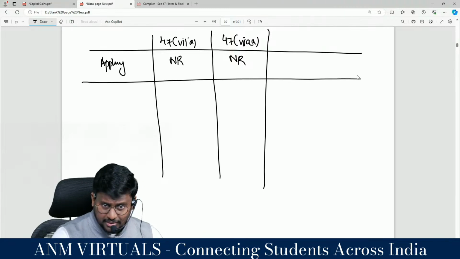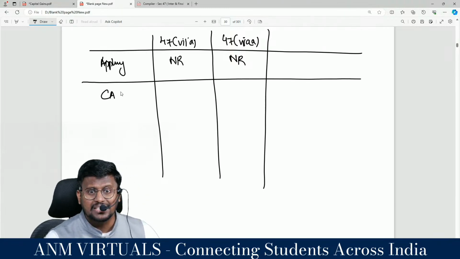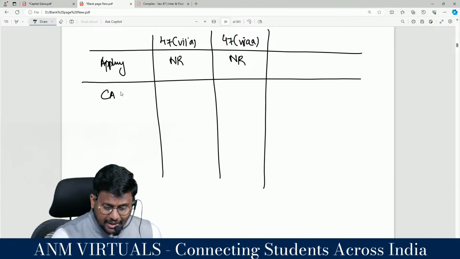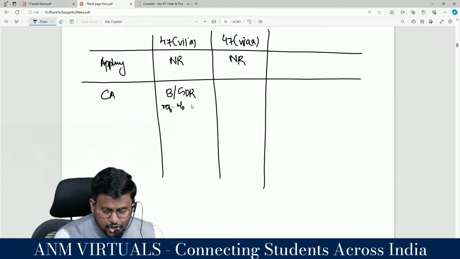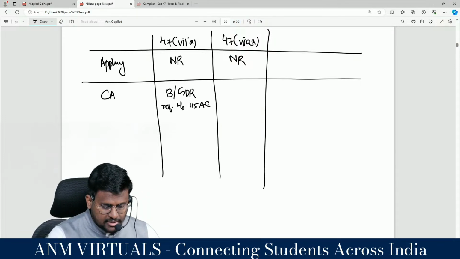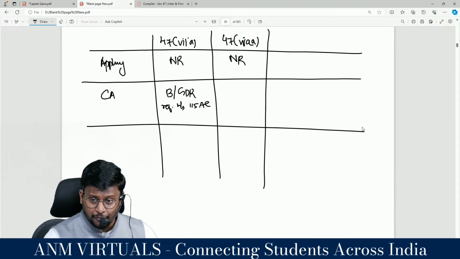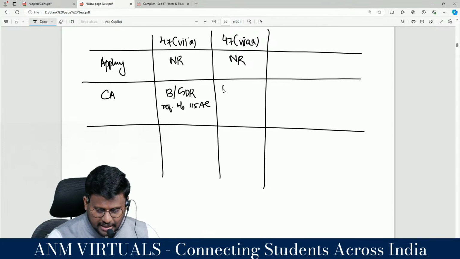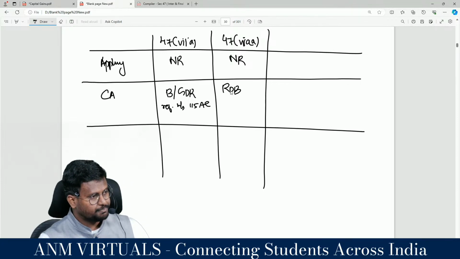But the important thing is, what is the capital asset to be transferred? Here it is a bond or GDR referred under section 115AC. This is very important. This is the capital asset that the non-resident has to transfer. Whereas in 47 clause 7AA, it is the rupee denominated bond.